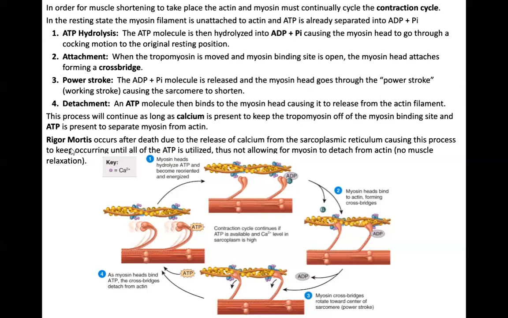Anybody ever heard of rigor mortis before? What is it? Tightening of the body, and that's because when we die, after death, we release calcium from the SR, causing this cycle to occur repeatedly until we use up all of our ATP. And then we get stuck right here, meaning we can't break the cross bridges.